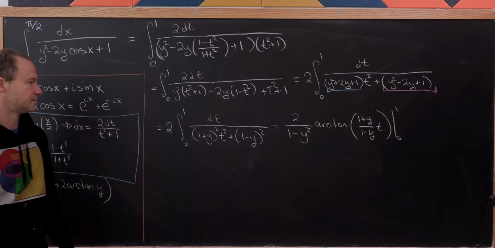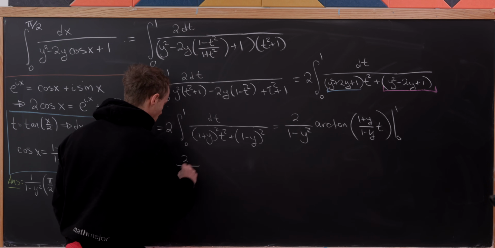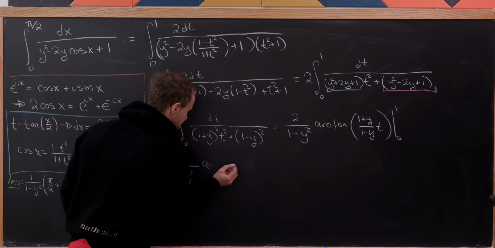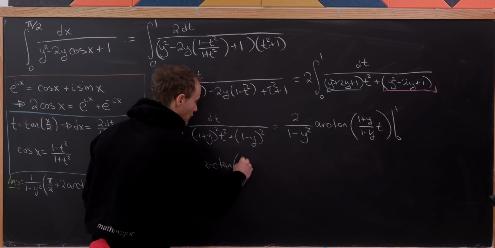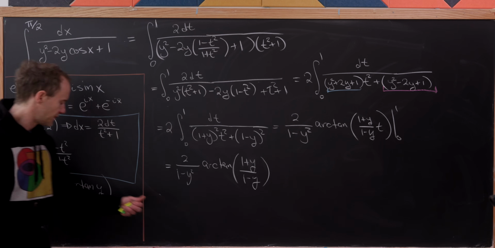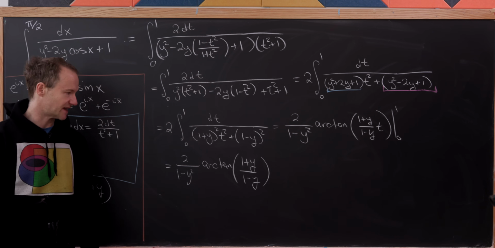Okay, nice. But now let's observe that that's equal to 2 over 1 minus y squared times the arctan of 1 plus y over 1 minus y. But that looks a little bit different than our original answer, so let's maybe consolidate these down to make sure they are the same.